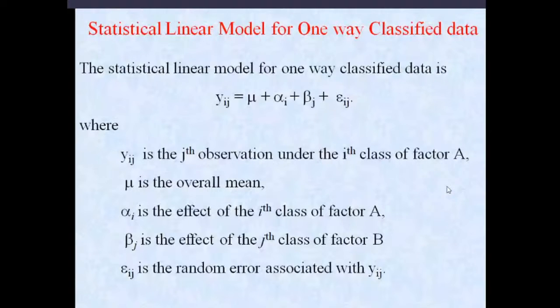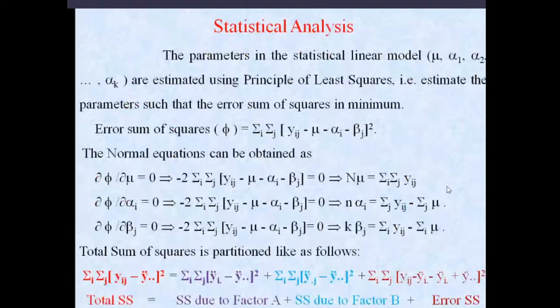Actually, the concept of analysis of variance, one-way classification, was introduced by R.A. Fisher when he was studying for his graduation itself, at the age of 19. In 1914, he introduced the concept of the analysis of variance.